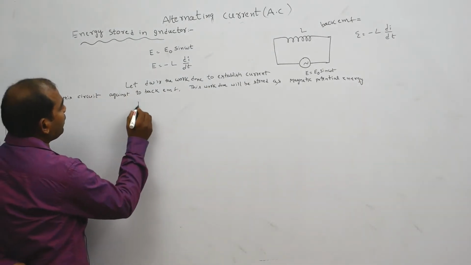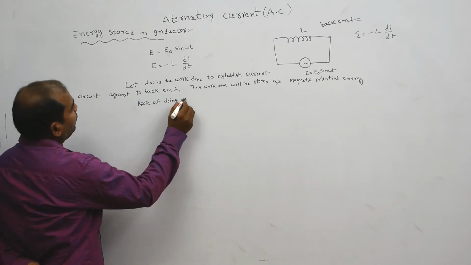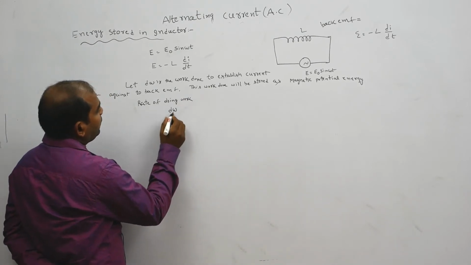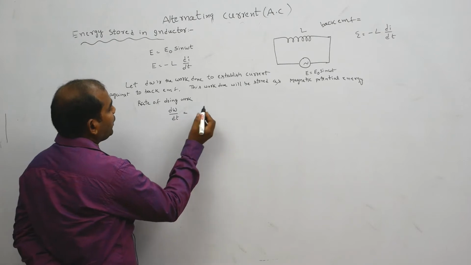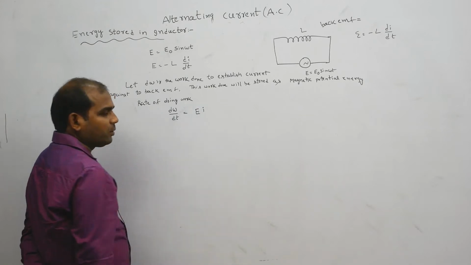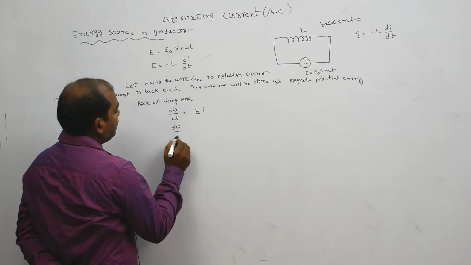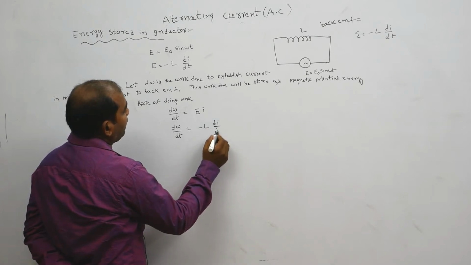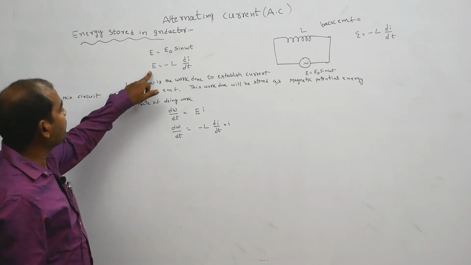Now the work has to be done. Let the rate of doing work be considered. We already know the rate of doing work is equal to power. So the power can be written as dW by dt, and this rate of work done is equal to E into I. We already know that E is equal to minus L di by dt, so dW by dt is equal to minus L di by dt into I. This is the back EMF we took here.